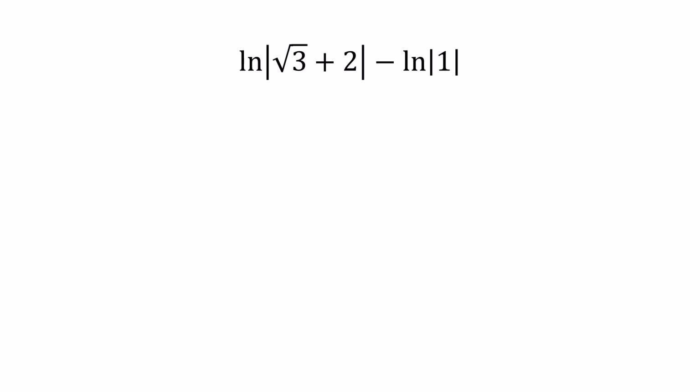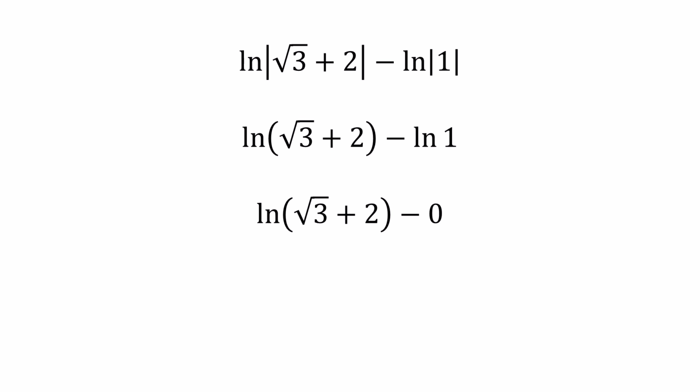Evaluating the absolute values, we get ln of root 3 plus 2 minus ln of 1. Evaluating the second logarithm then gives ln of root 3 plus 2 minus 0. Subtracting, we arrive at a final answer of ln of root 3 plus 2.